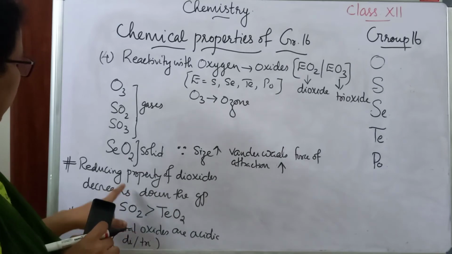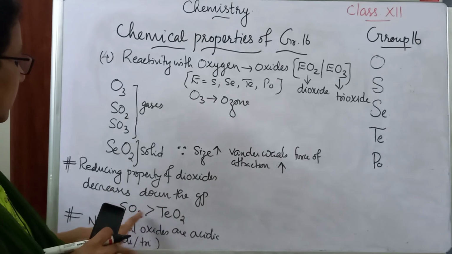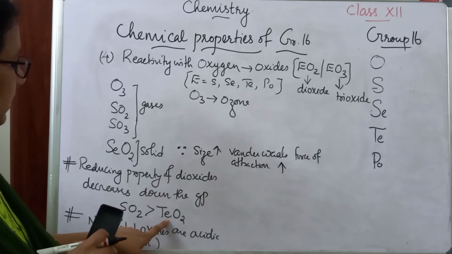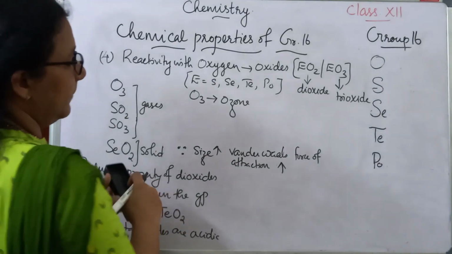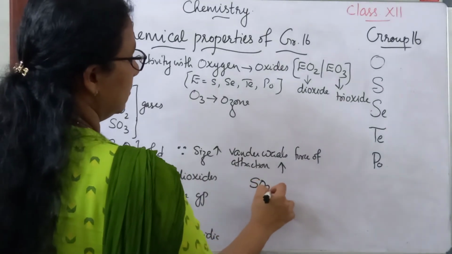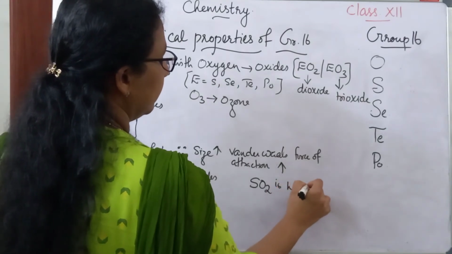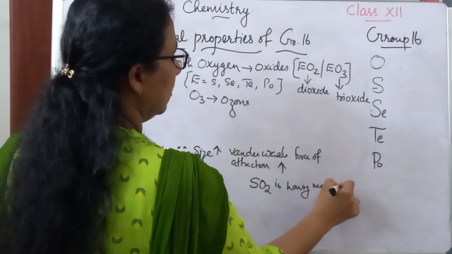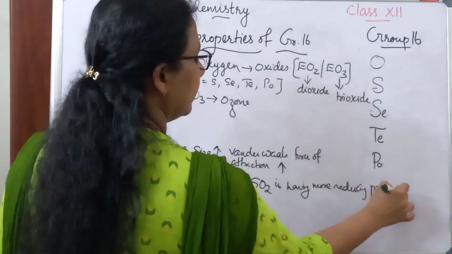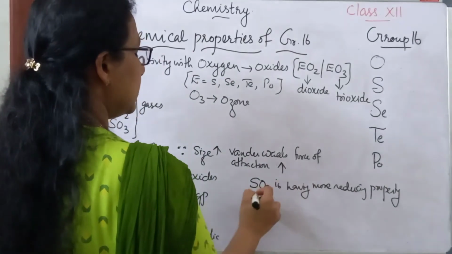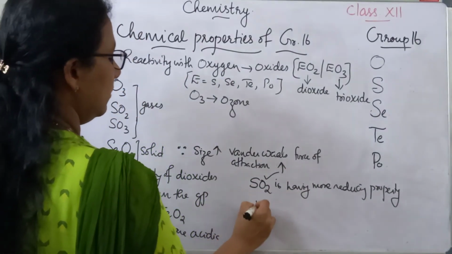Another property is that the reducing property of dioxides decreases down the group. If you compare SO2 and TeO2, SO2 is having more reducing property than TeO2.